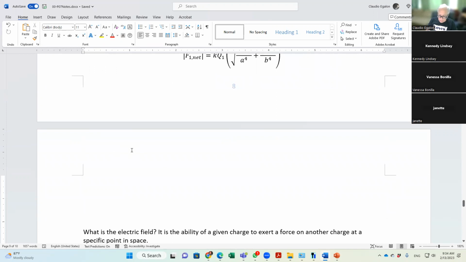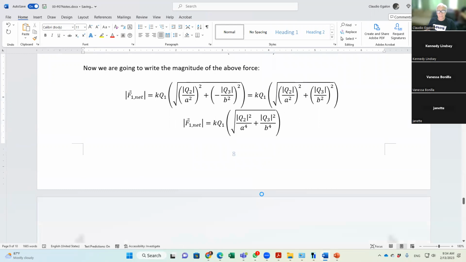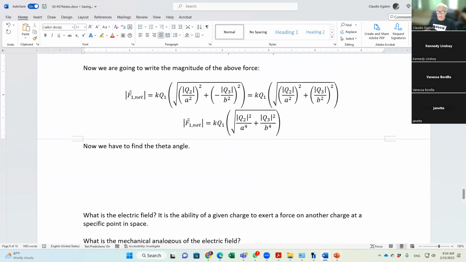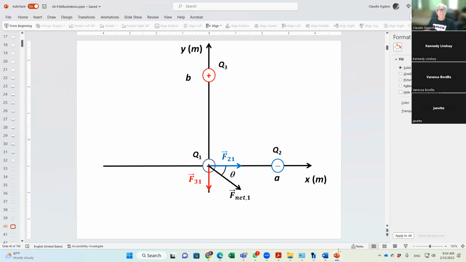Now we have to find the direction, the theta angle. Let's take a look at our drawing. It's very important to make a drawing of your physical situation.